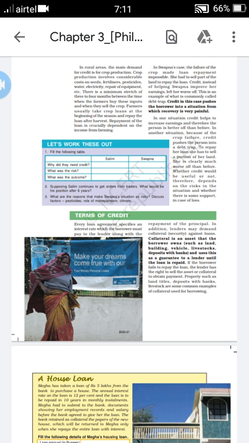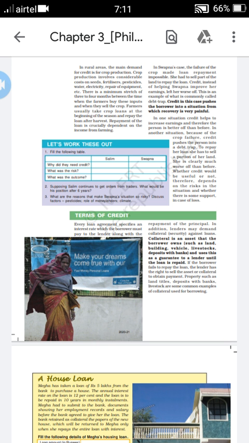The security also shows what the borrower owns, whether they have their own land, buildings, vehicles, or livestock, to deposit with the bank. Why are they asking this?